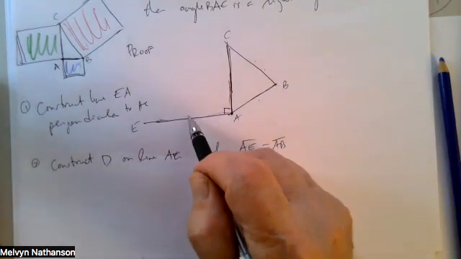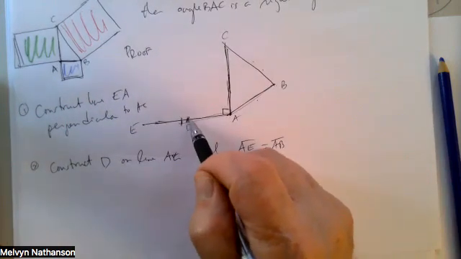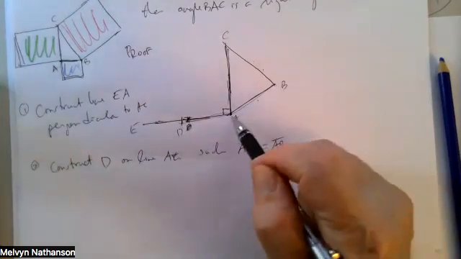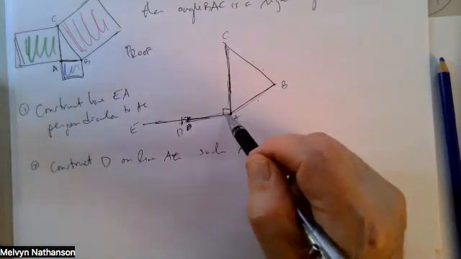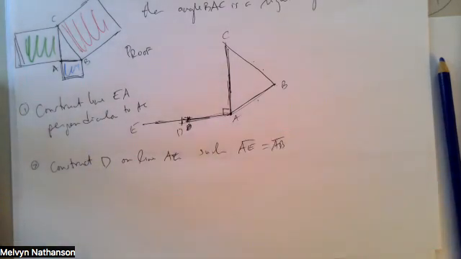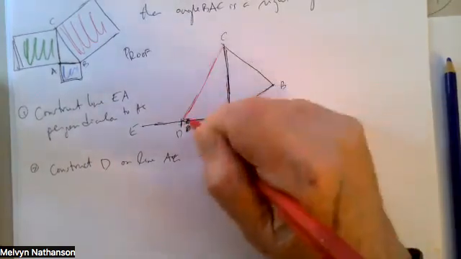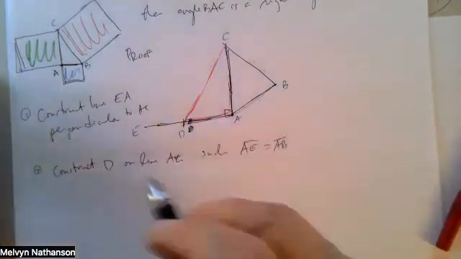I can find a point D on this line, let's see, probably over there, such that AD and AB have the same length, right? And we know this is a right angle. So if I look at this triangle, that's a right triangle.